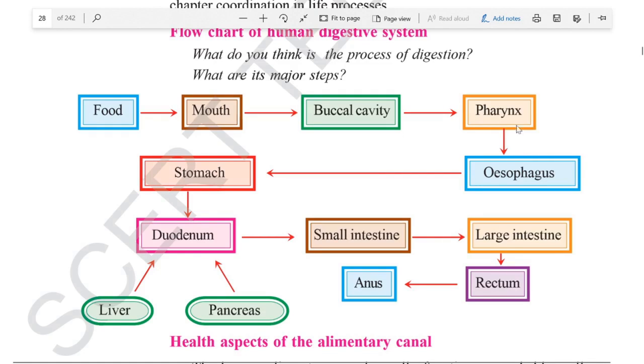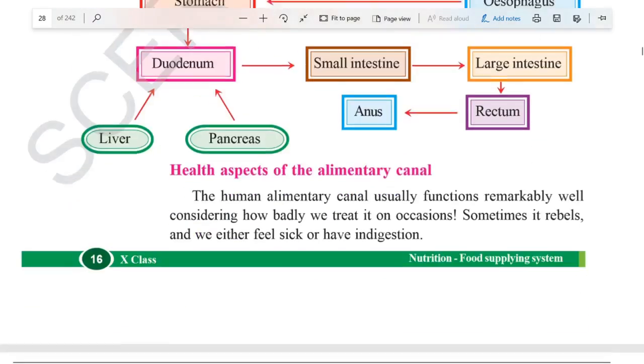From the pharynx it enters the esophagus, then the stomach, then the duodenum, where the liver and pancreas release their juices or enzymes. Then from the duodenum to the small intestine, to the large intestine, where bacteria are present which help absorb vitamins from the food, and then to the rectum, and the waste is excreted out through the anus.